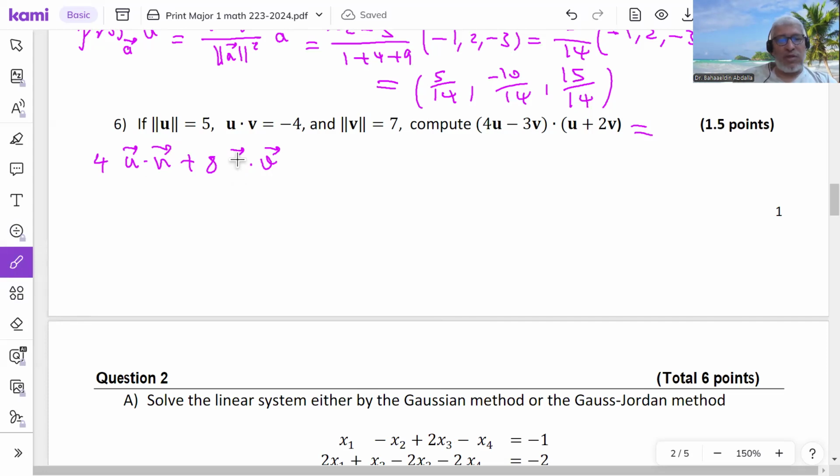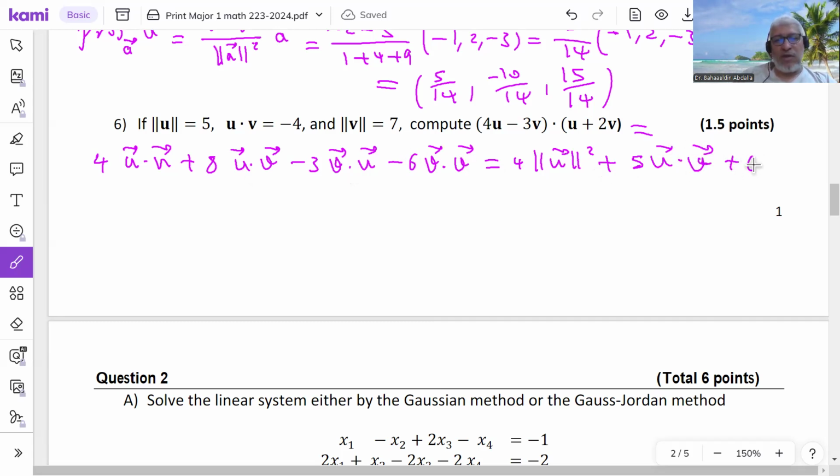The constant comes out, and negative 3v dot u is negative 3 times v dot u, and then negative 6v dot v. U dot u is the norm of u square from their definitions. U dot v is equal to v dot u, so 8 minus 3 is 5, and v dot v is norm v square.